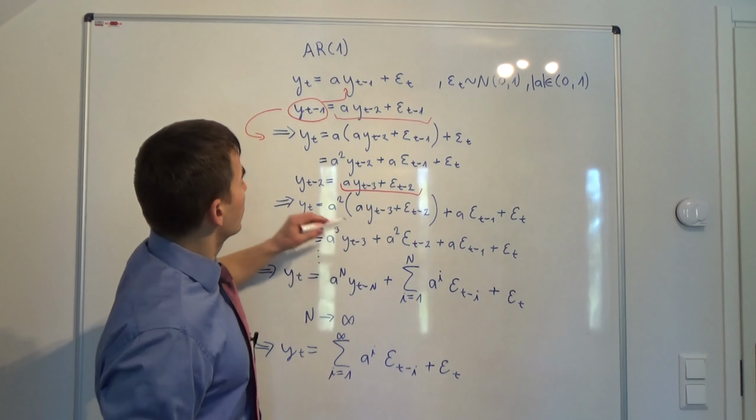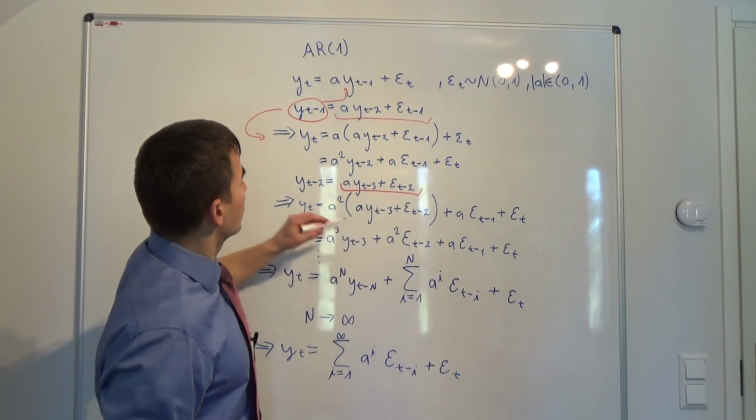If we multiply this out, what we get is yt is equal to a to the power of 2 times, in parentheses, what is in this line here on the right hand side, plus the residual from here on the right hand side, which is a times epsilon t minus 1 plus epsilon t.